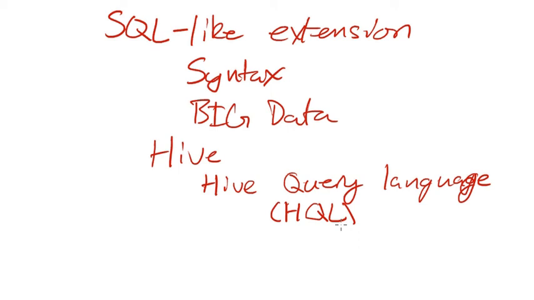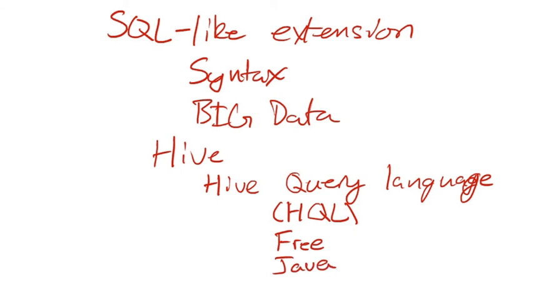And that was their main contribution, and they released it, and it's, of course, completely free. And it's written in Java. So, now we have this Hive, and we can put things in a relational database, and it'll run on Hadoop, and everything's nice and dandy.